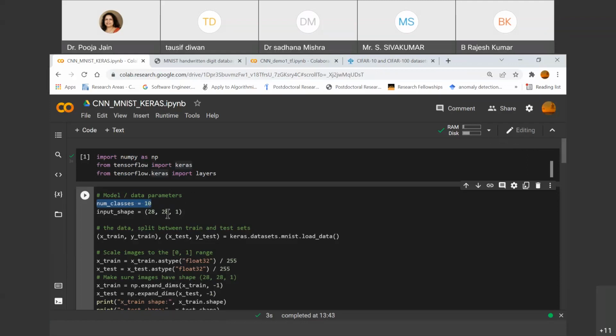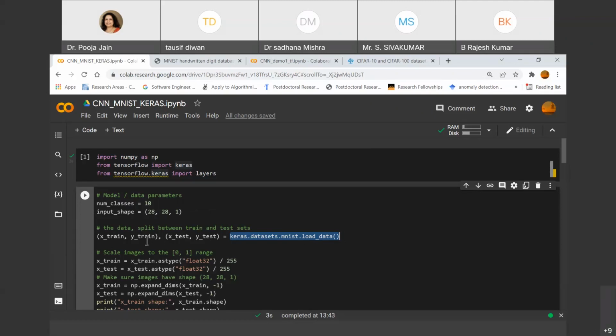After that, we assign values to these variables: training images, testing images, training set labels, and testing set labels. So 4 variables are there. Just import keras.datasets.mnist. This dataset is already available in keras.datasets, so we assign these 4 files into these variables.